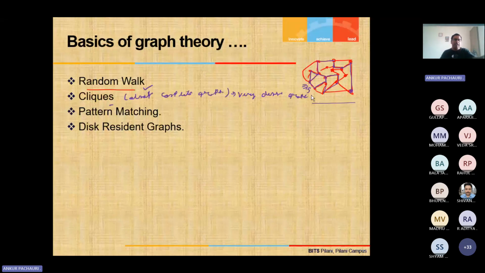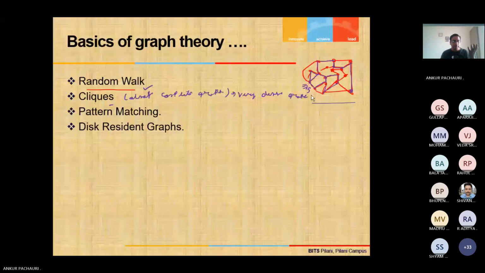The rest of the file is stored on the hard disk. But when some content is required from the stored file, then that part of the file is brought back into the memory, and the work goes on. So the same concept is applicable to graphs as well.